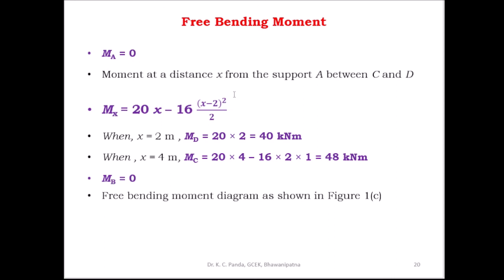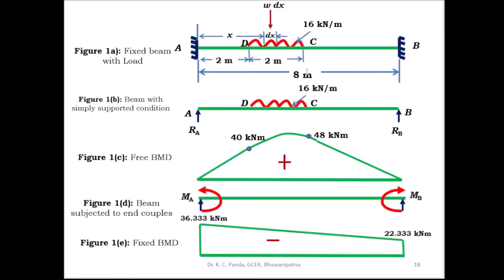Then you have to find out the bending moment at a distance x from the support A between C and D. That is RA into x minus 16 into x minus 2 into x minus 2 by 2.